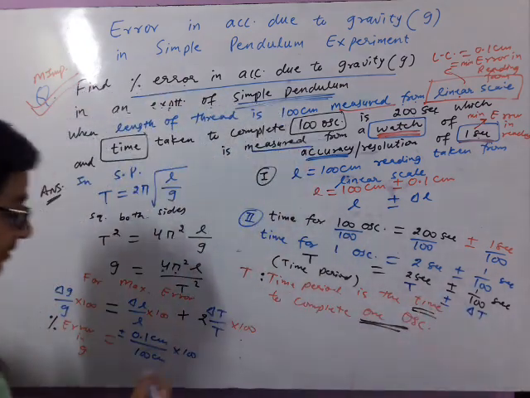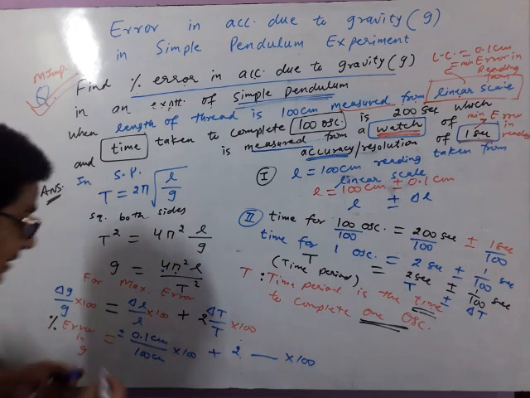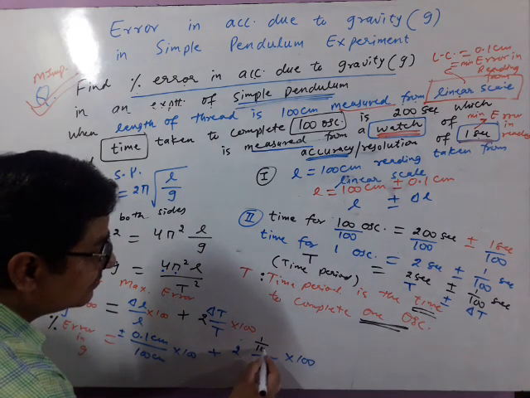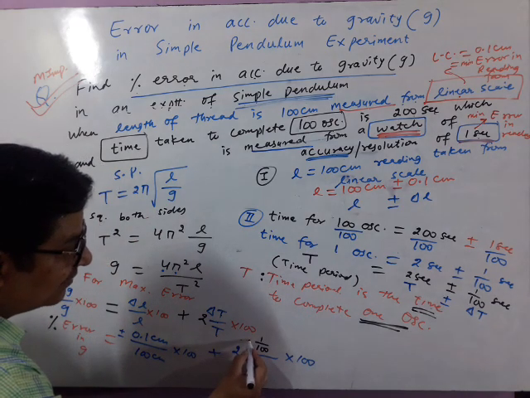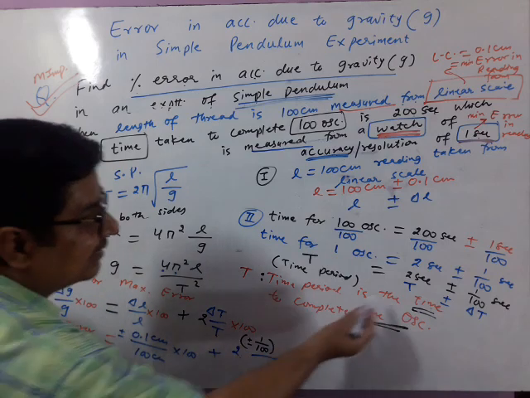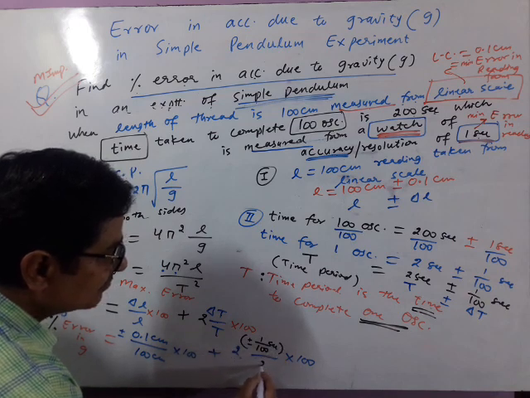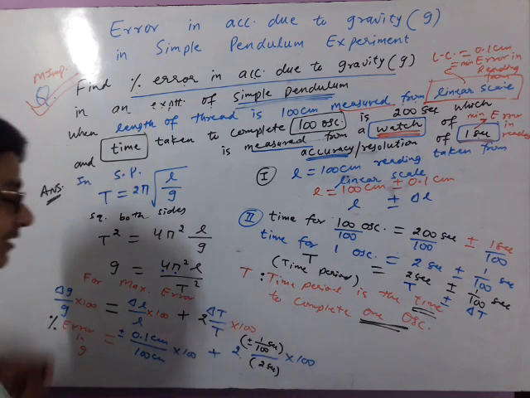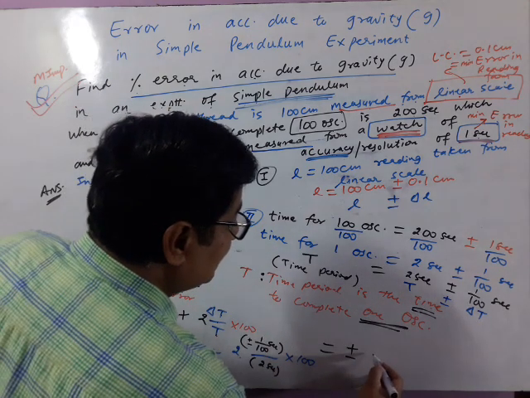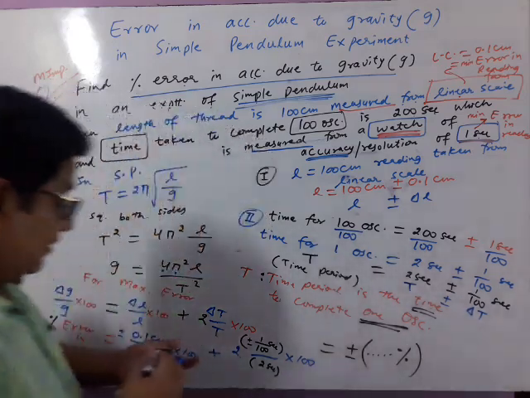So we will put this value with multiplied 2 and 100. So what is delta t? It is 1 by 100. You may put it with plus minus sign again because it is error upon t. It is 2 seconds. With units I am inputting. Now you can solve it and your answer plus minus this much %. Got it?